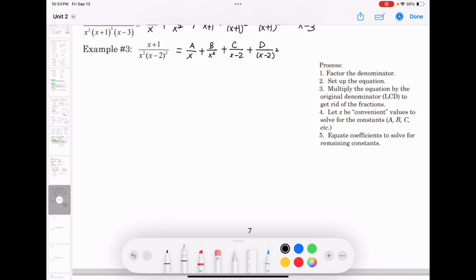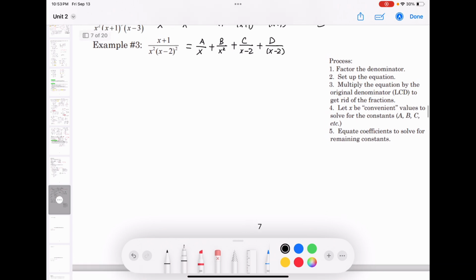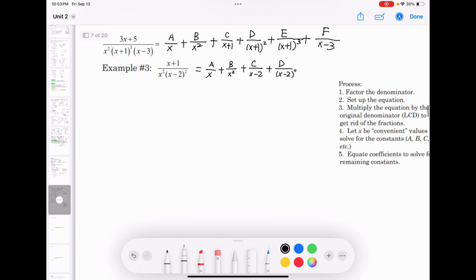Now we need to find the LCD. The LCD is the factors of the bottom, x squared times x minus 2 squared.